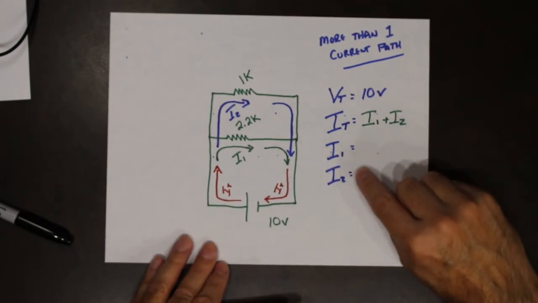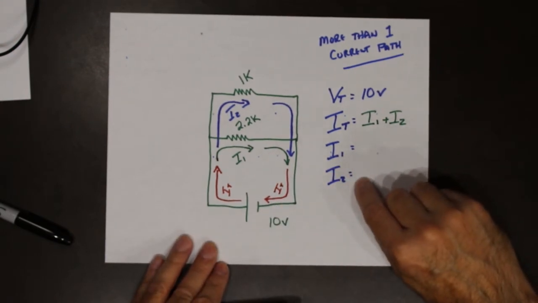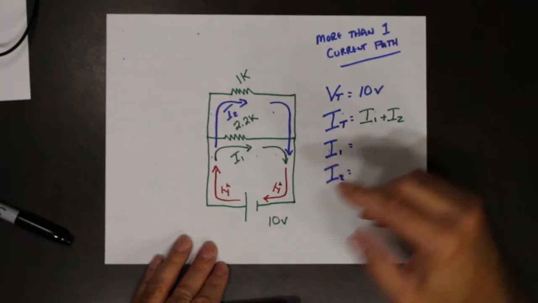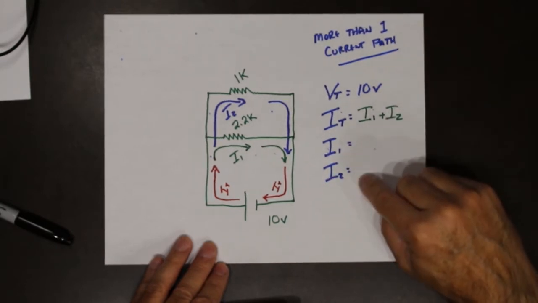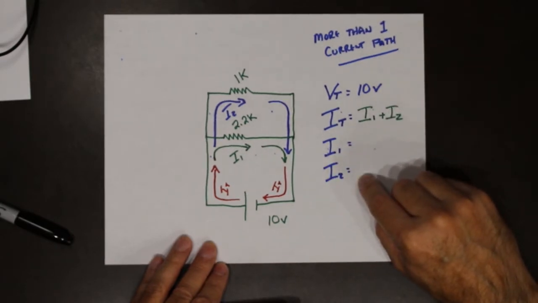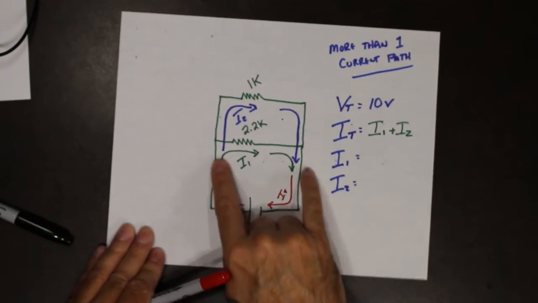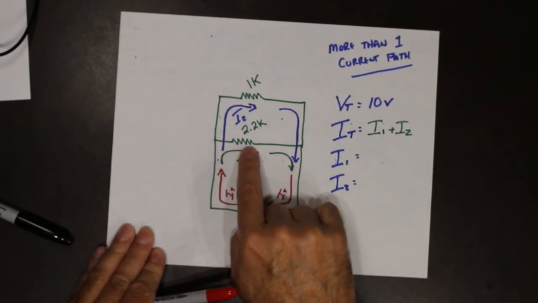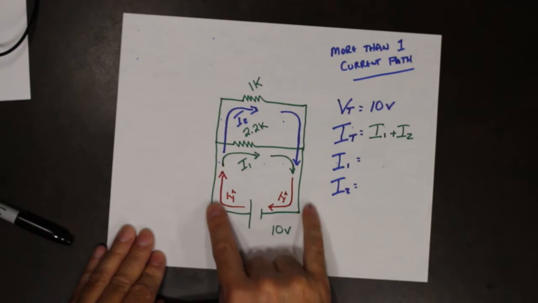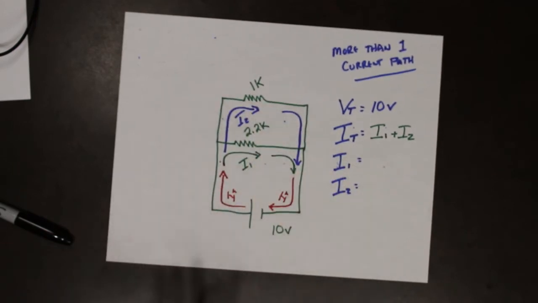Now, I1 and I2, we can calculate based on Ohm's law. We have 10 volts across this resistor. We have 10 volts across this resistor.